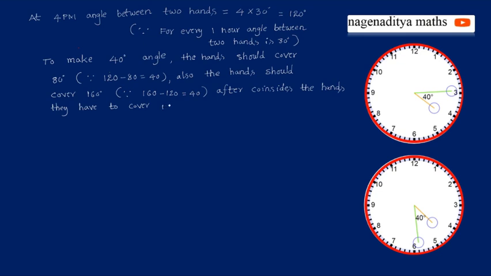So we have to calculate how many minutes it takes for the angle between the hour hand and minute hand to become 80 degrees. This is direct proportion.